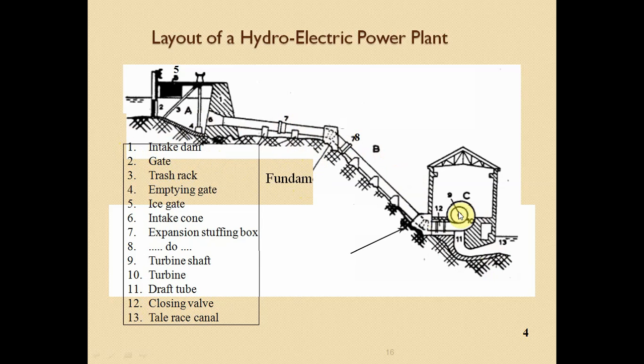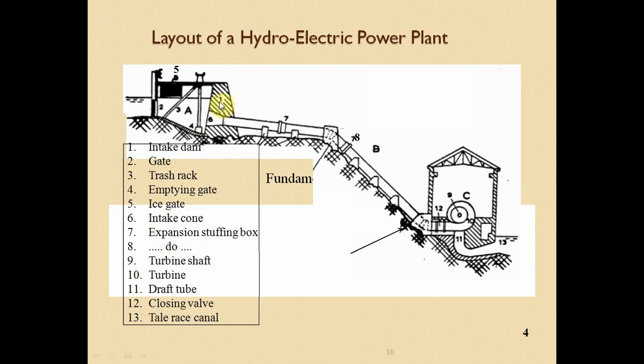This is the turbine shaft, this is the closing valve, this is the tail race, and the 11th one is the draft tube, then the 7th one is the expansion stuffing box, and the 6th one is the intake tank where the water will be coming from the upstream to the downstream, to the penstocks.